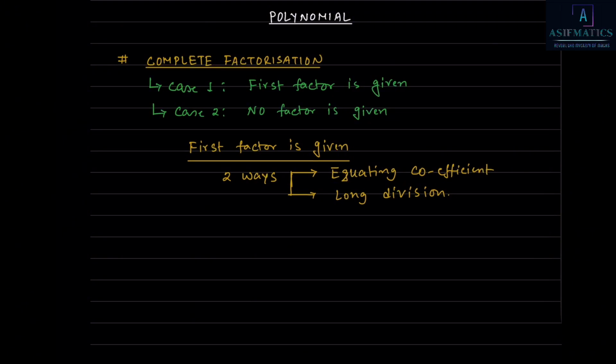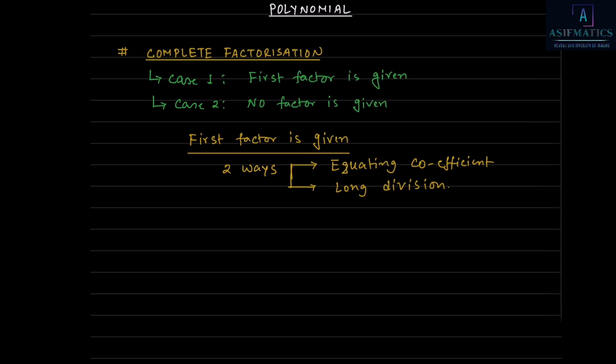I will show you both ways, and long division you already know, so you can solve in any way you like. Okay, so in your A-level exam you will have a question like this.